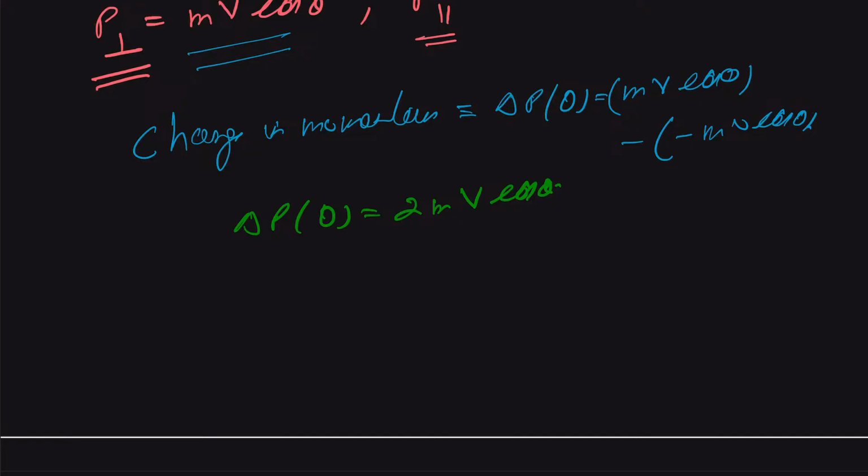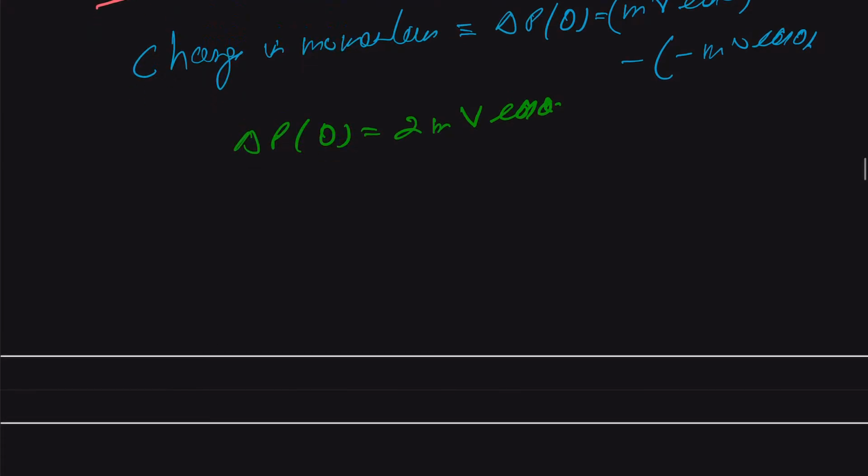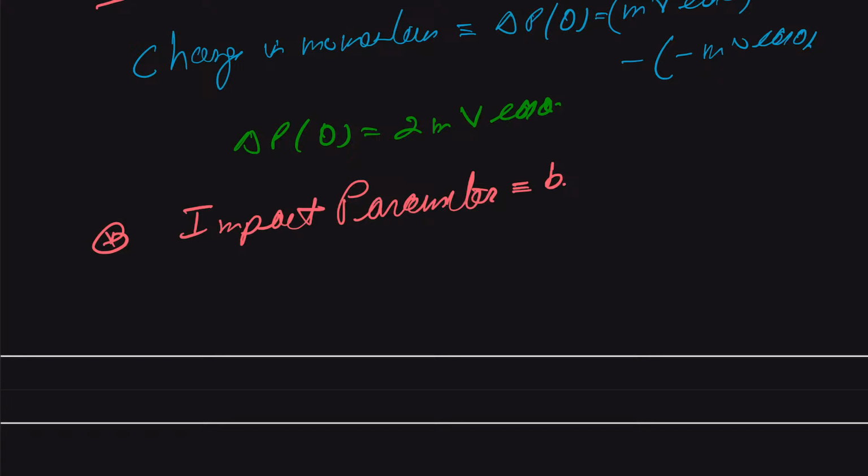Now we are going to introduce a new term here that is called impact parameter. Many of you must have heard it previously also. That is quite a common term in collisions, and we are going to represent it as b.